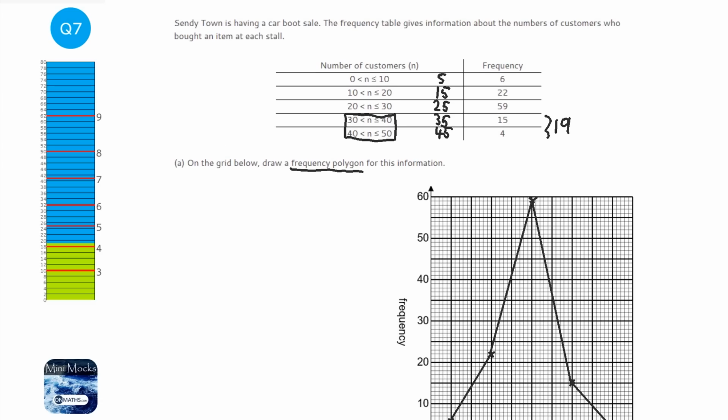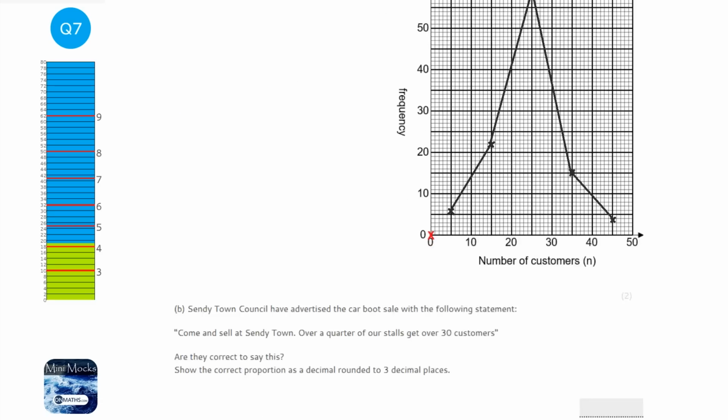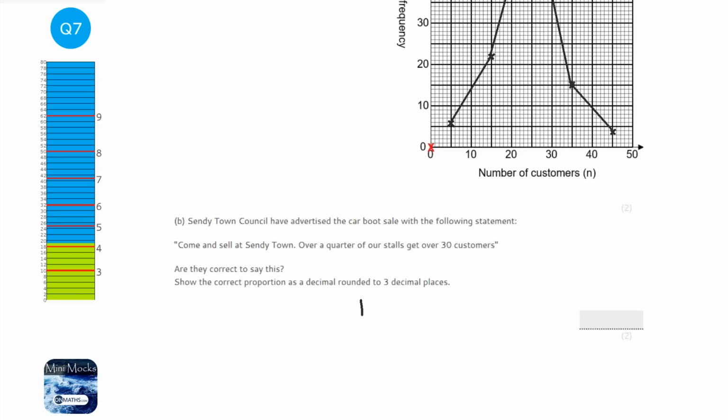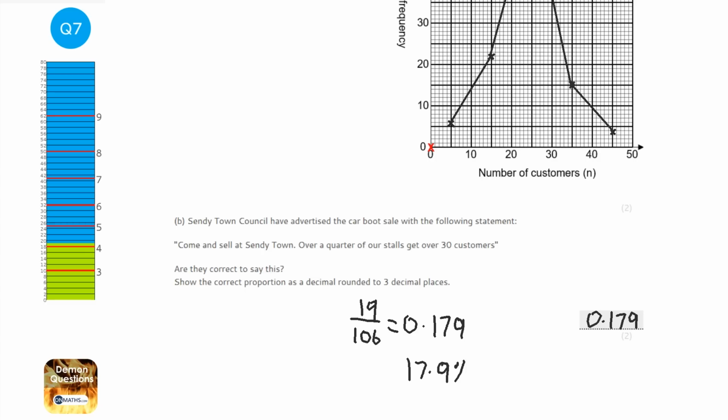It didn't say it in the question. So it's 19 out of 106, which as a decimal, 19 over 106 is 0.179 to 3 decimal places. So what I would say in the exam is no, because that is 17.9%.